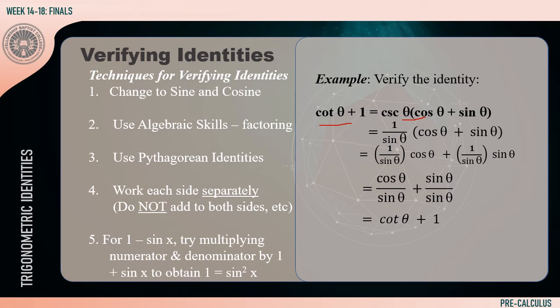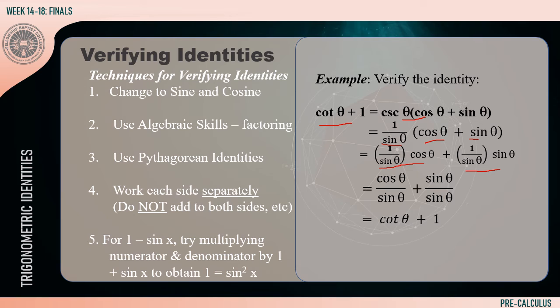Cosecant theta is equal to 1 over sine theta. Then, multiplied by cosine theta plus sine theta. Naka-cosine kag sine na siya daan nga format. So, we multiply 1 over sine theta times cosine theta plus 1 over sine theta times sine theta.